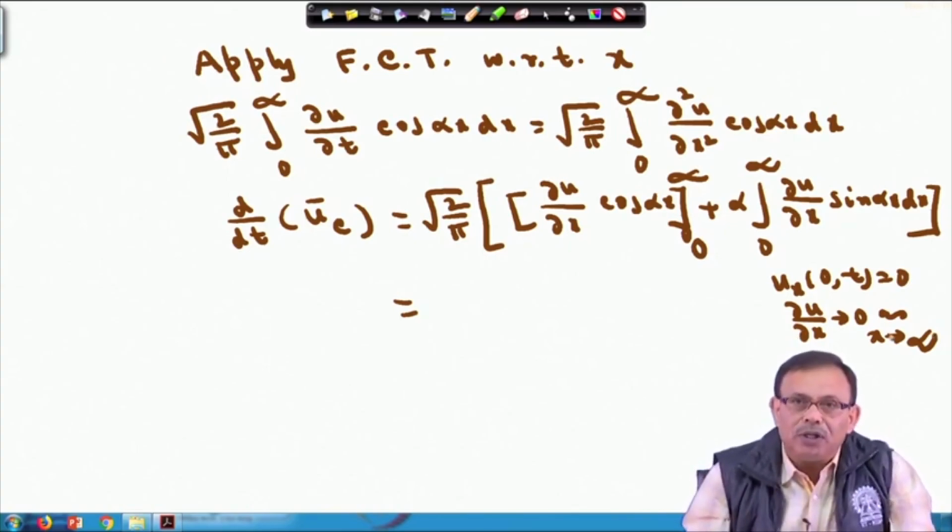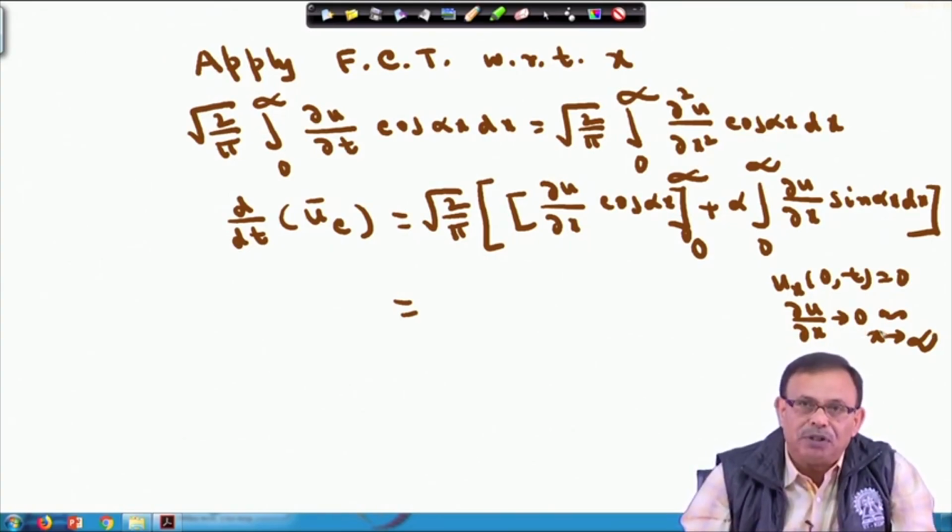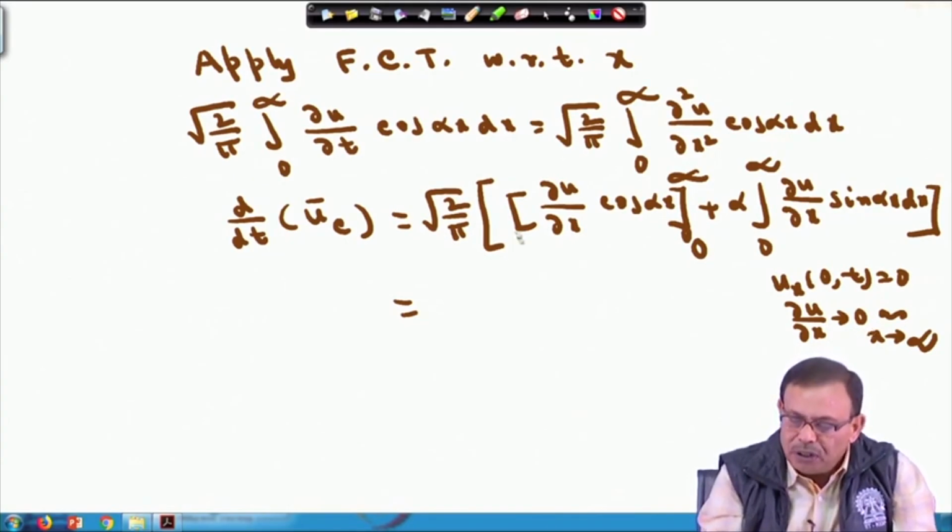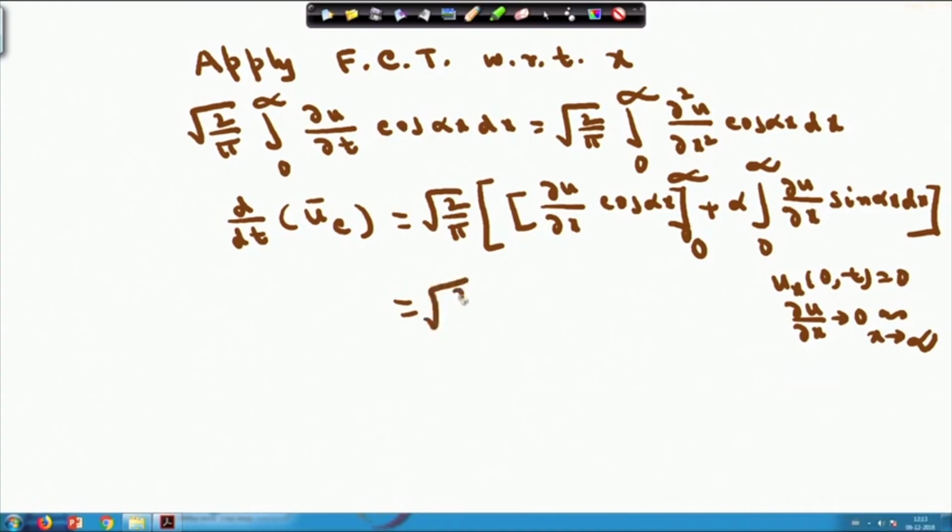So, if I substitute these two values, then this particular term will vanish. You will have only the second integral, that is root over 2 by pi into alpha into 0 to infinity del u del x into sin of alpha x into dx.